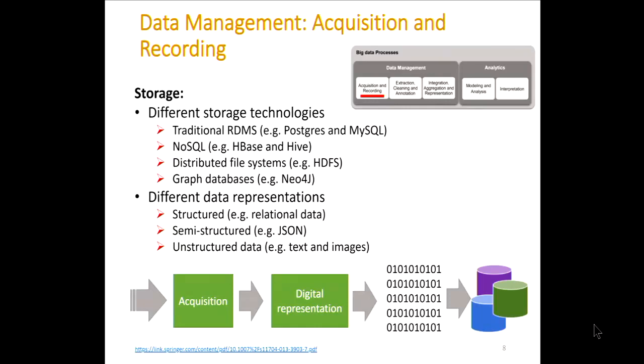technologies for storage. The traditional one is relational databases, with MySQL as an example. We're used to that. We store data in relational databases. It's reliable, it's well supported, so I know how to use it, and there are a lot of resources in that regard.